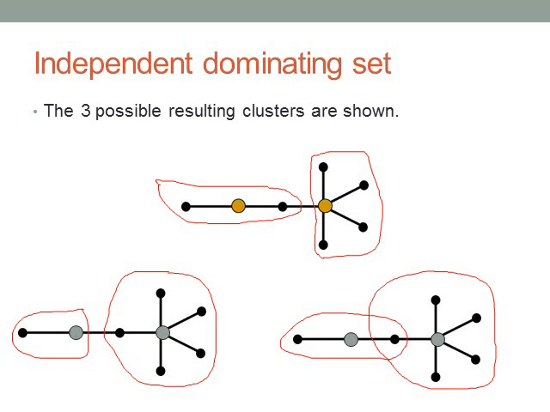So we could say each time we choose a vertex in the dominating set, we will take it together with its neighbors. And then it would depend upon which vertex in the dominating set we happen to choose first. So on top, it looks like we chose the vertex on the left first.